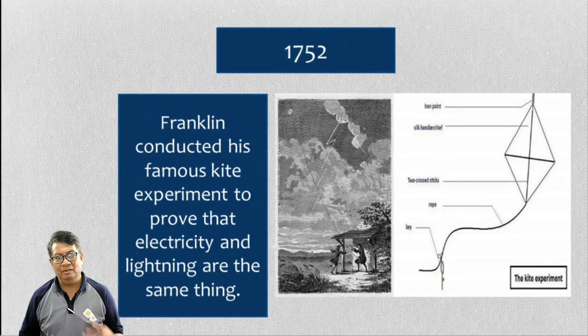One of the famous experiments of Benjamin Franklin was the Kite Experiment. You might have heard of this one already. The kite was struck by lightning, and Benjamin Franklin felt that there was electricity flowing in the cord that was used in that kite.